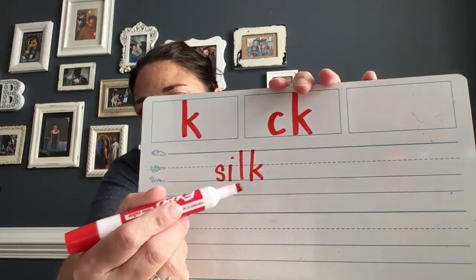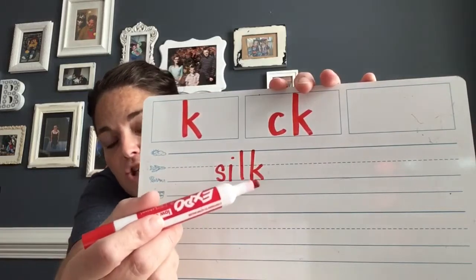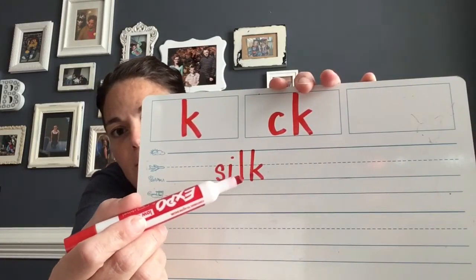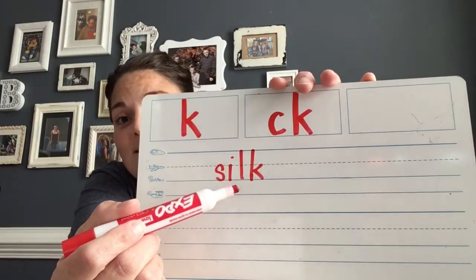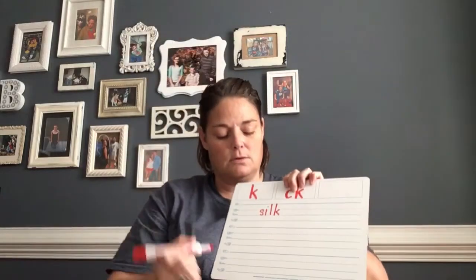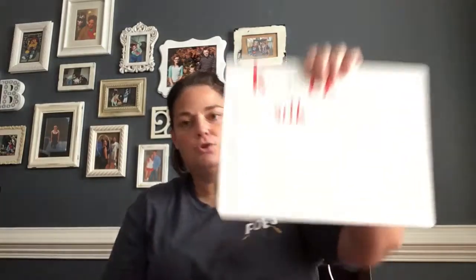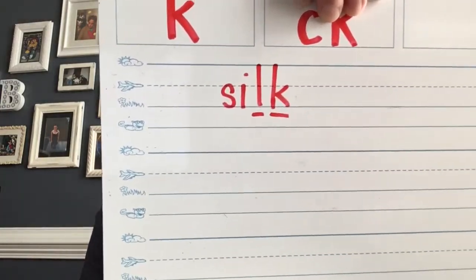S, i, l, k. Which k did I use? That's right, just the K, because directly in front of it is a consonant, the letter L. How do we mark this word? We can hear both sounds in this blend. Two underlines. Remember, after you see how it's spelled, if you did not spell it correctly, it's okay. Fix your word. Always fix your word.